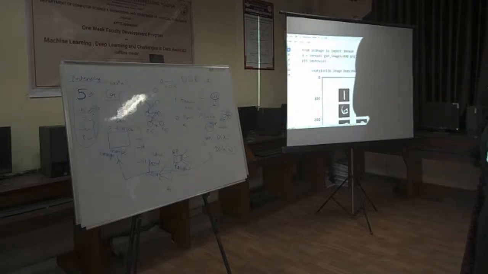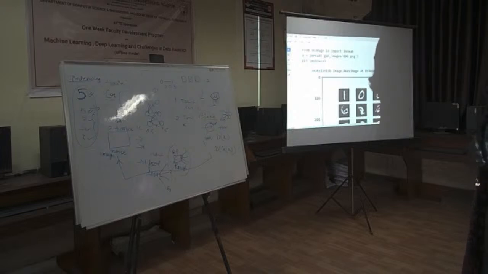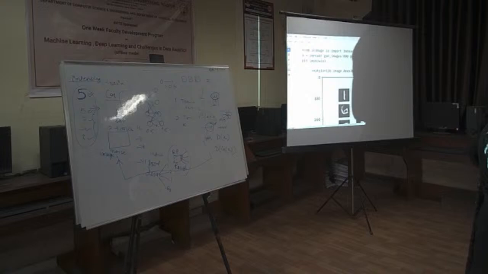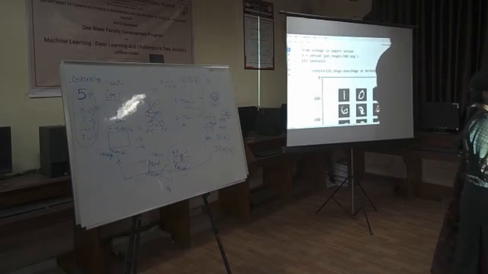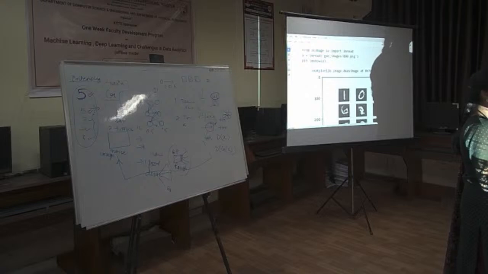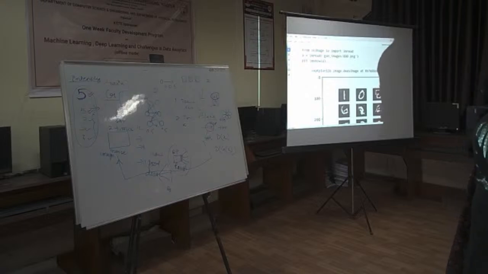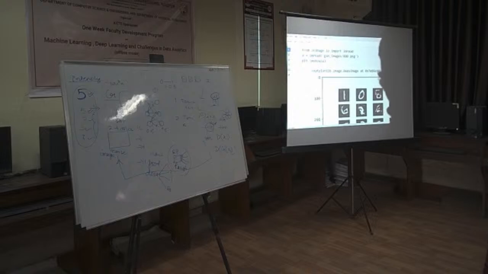Sometimes when the dataset is not available, we have to switch our research to another topic. So you can use this GAN to generate images. You give some training images, and you can generate thousands, even lakhs of fake images.